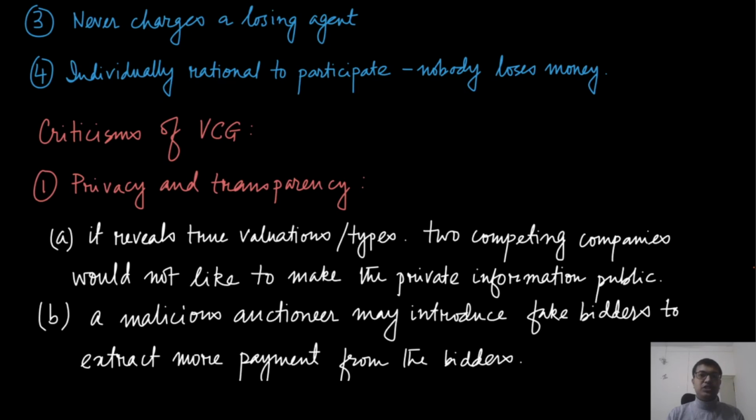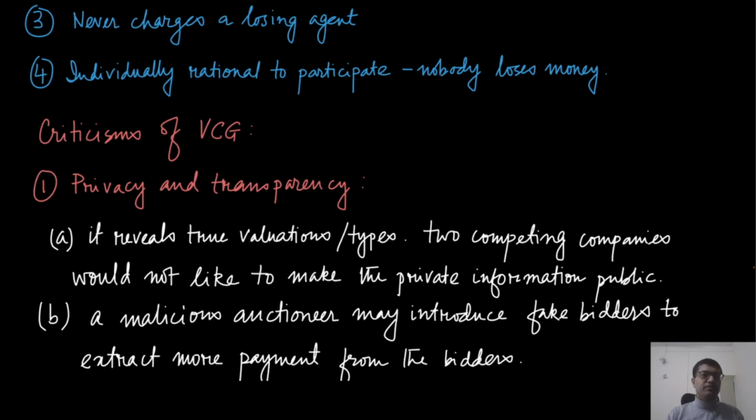If the auctioneer is not malicious, this mechanism works perfectly. But there can be instances where the auctioneer is malicious, and what they do is introduce some fake bidders who are not real bidders. They bid something much higher than the second highest bidder.